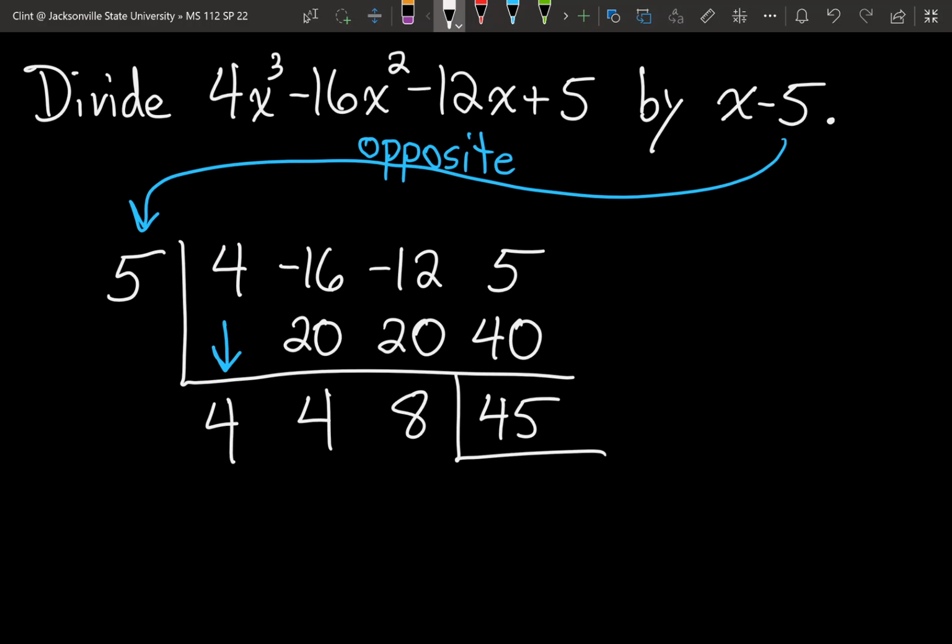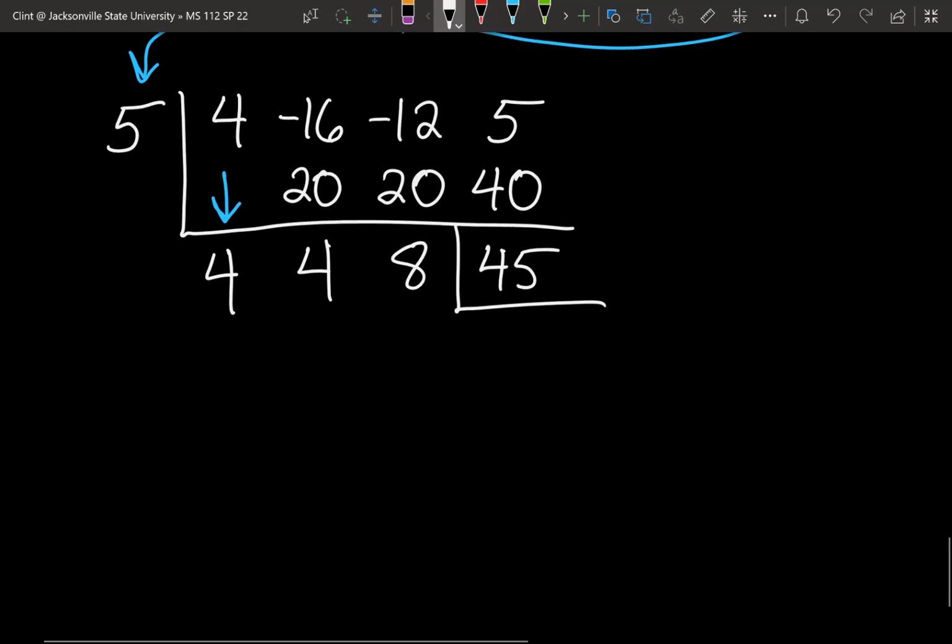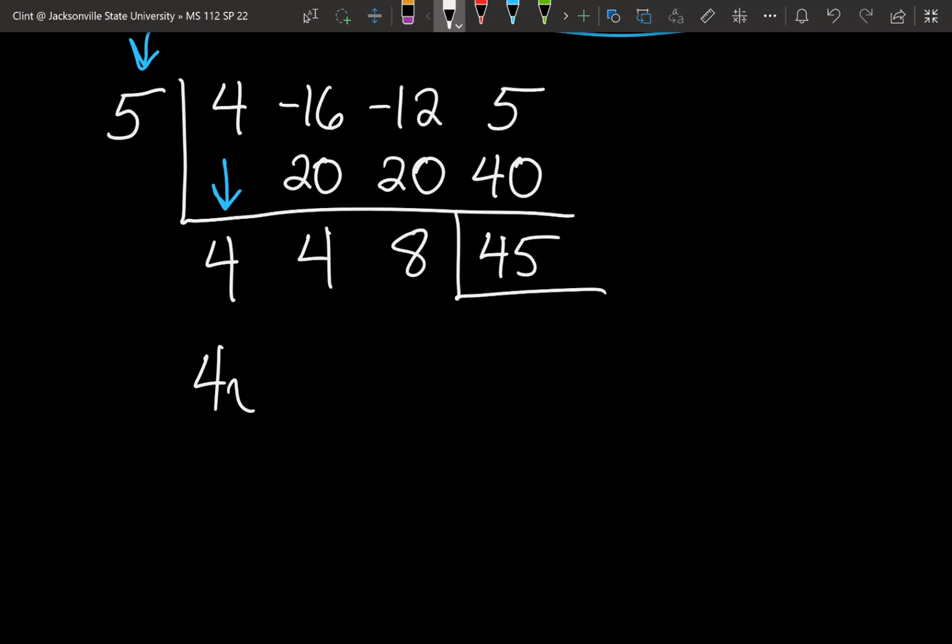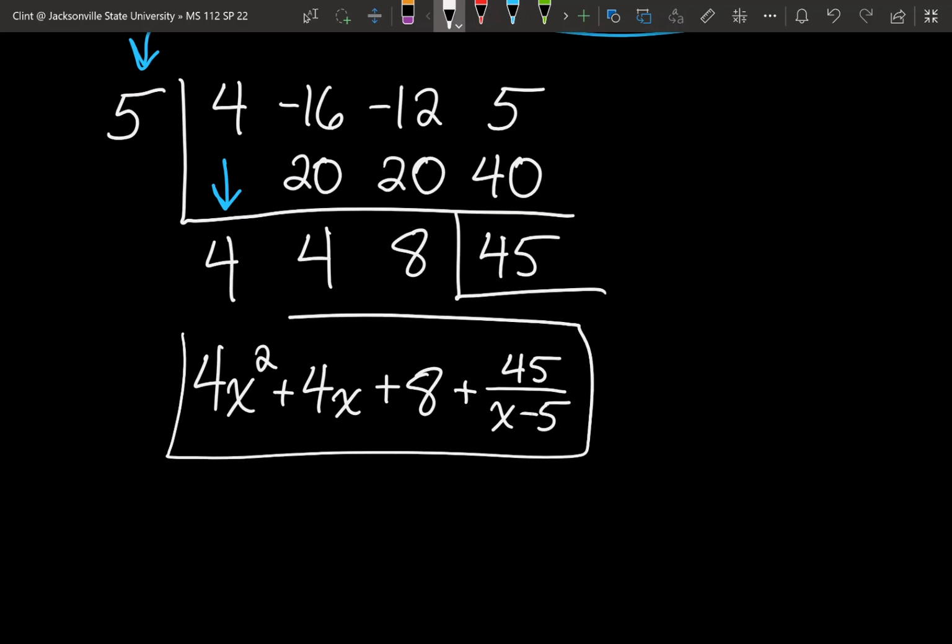So our answer here is going to be 4x squared plus 4x plus 8. And we can either write down our remainder as 45, or we could write down plus 45 over our divisor, x minus 5. There's our polynomial.